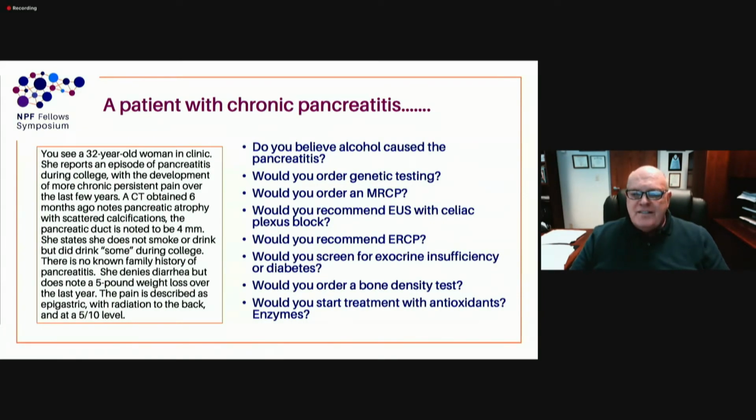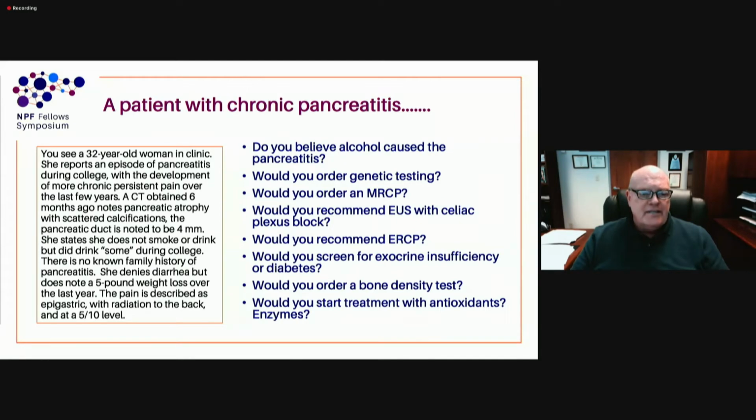So just a few thoughts about what we know and what we don't know about acute pancreatitis. Now, chronic pancreatitis. Here's a patient, and both patients are my real patients. This is a 32-year-old woman seen in clinic, with an episode of pancreatitis during college, who then developed more chronic and persistent pain over the last few years.